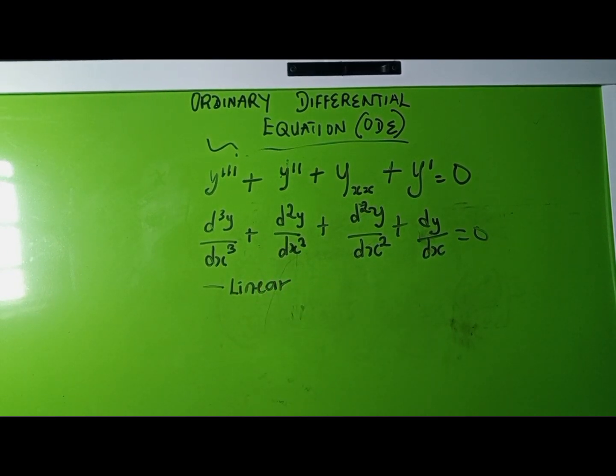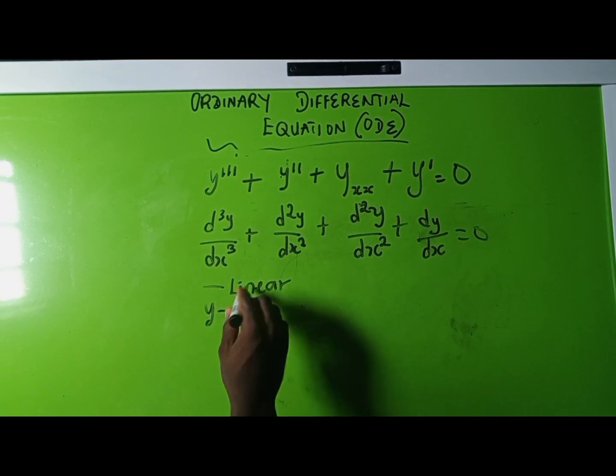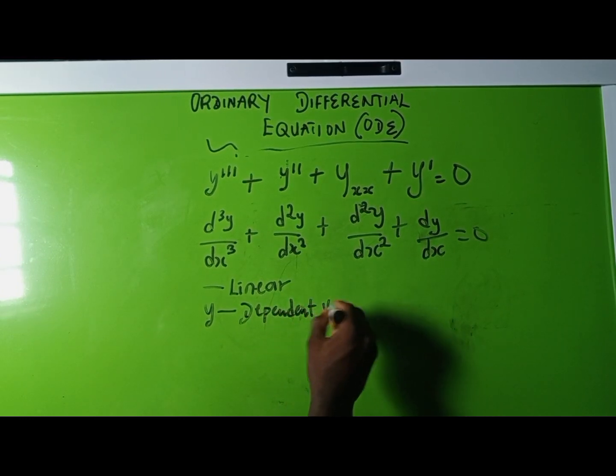Another is to classify your dependent variable and your independent variable. Now we know what a dependent variable and an independent variable are, and we have two variables in your equation. Now what is your y and what is your x? You simply say your y is your dependent variable.